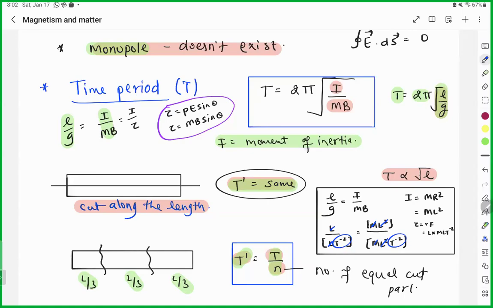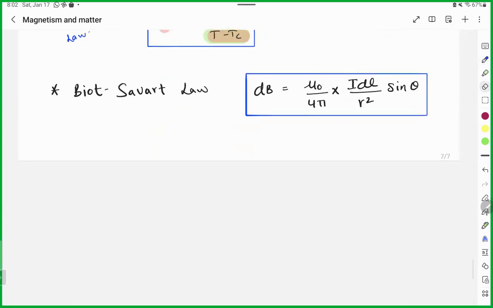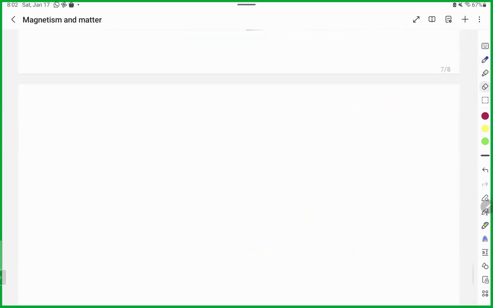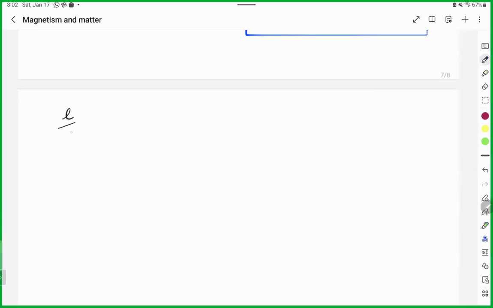How? Example, I explain this part of dimensional correction. Second part: how to identify whether this is correct or not. L by g is equal to I by MB. Let's see what I by MB is in a different form. I is equal to m r square from the rotation chapter. MB is like torque, r into F, correct?